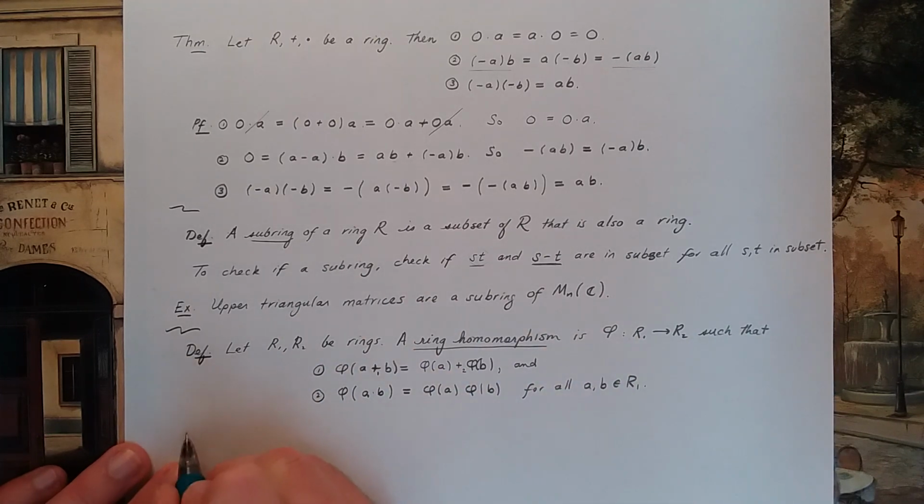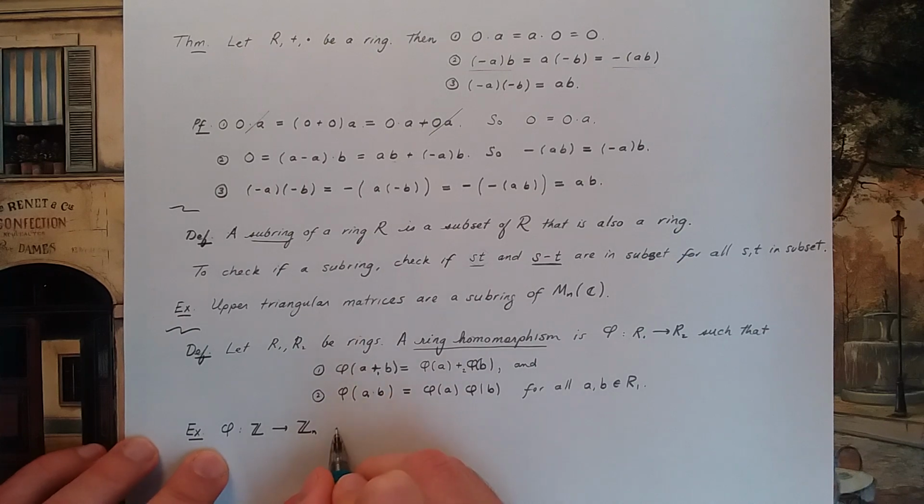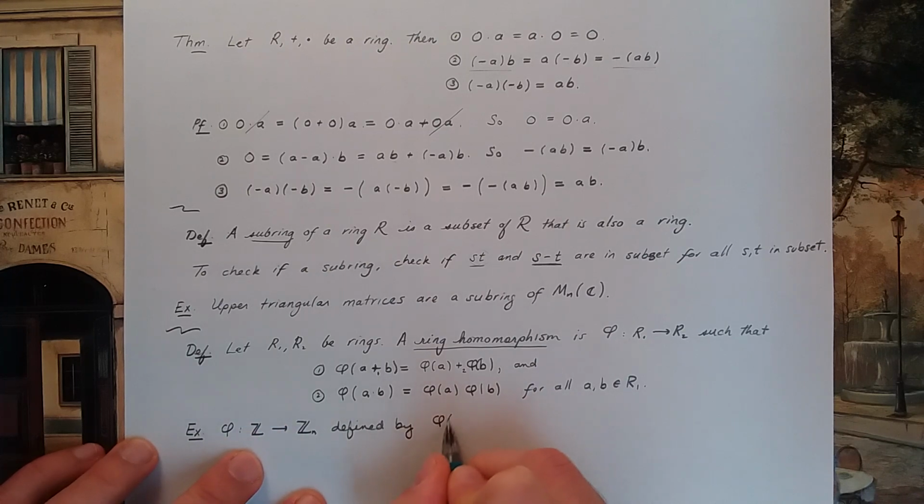So let's do a couple of examples. I can define a function that takes Z to Z_n. I could define it by phi of a is a mod n.